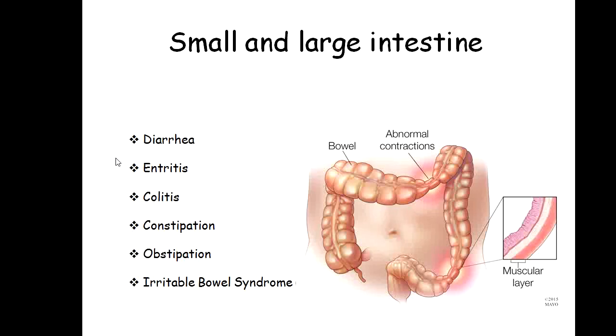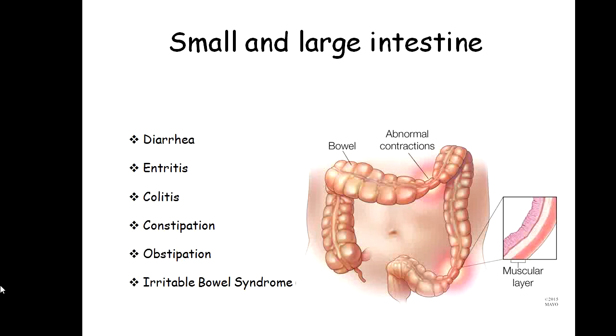The stool formation is so hard that it does not move inside the large intestine. That is difficult to move in the large intestine. So there is an obstruction-like phenomenon inside the large intestine. So the constipation which shows obstruction, that is called obstipation.